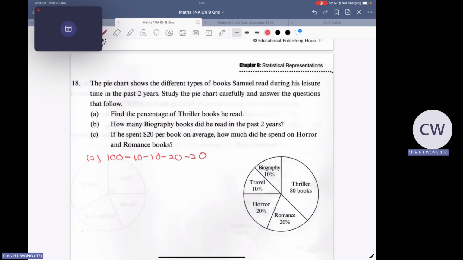That will give me 20, 40, 50, 60, so 40%. First one, 40%. Very straightforward. So I'll put down 40% here.